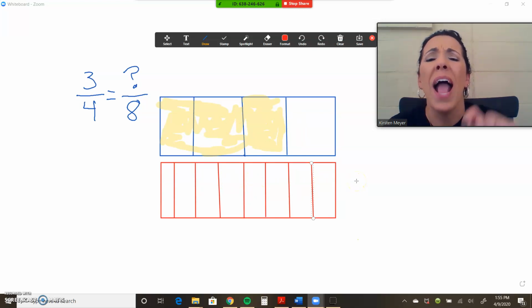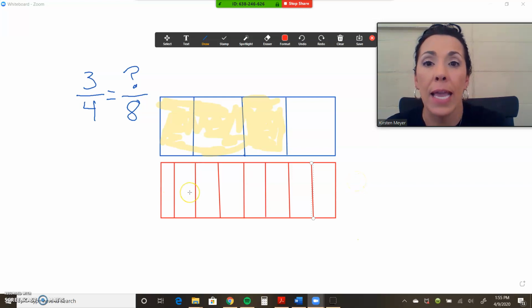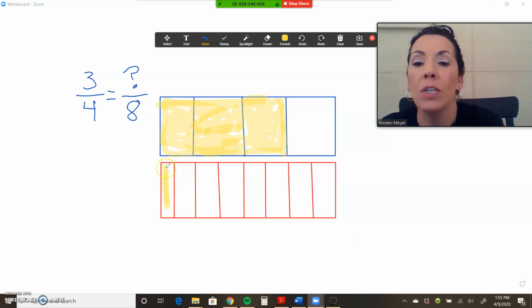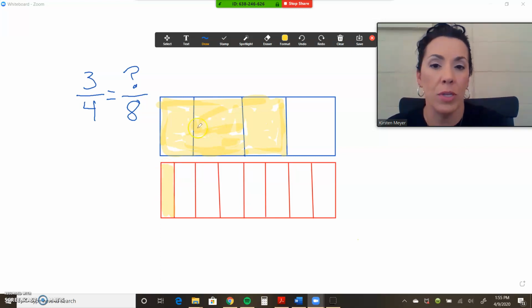So I want to know how many of these 8 do I need to shade in so that I have the same amount shaded in as up here, or an equivalent amount. So let me get that all shaded in. If I only shaded in 1/8, that part does not look the same as this.